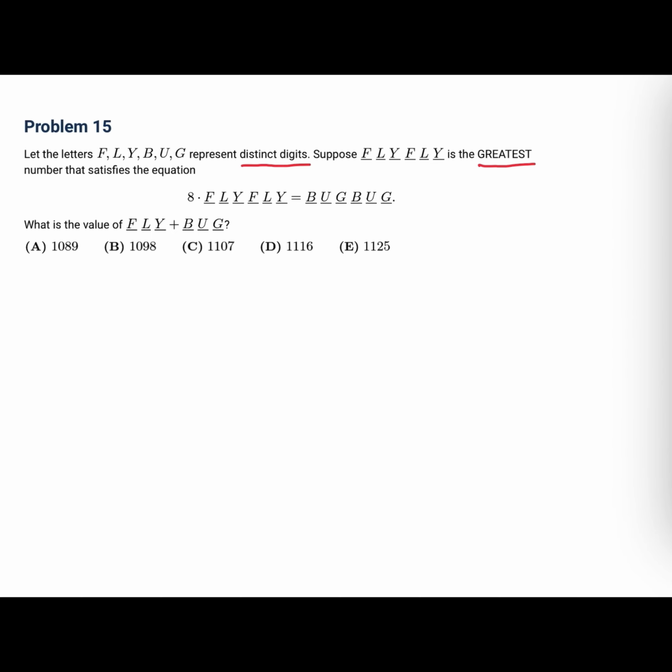So how would we go about solving this? Well, first of all, we see that 8 times, let's say this number is x, so that's easier for us to write. 8 times x is equal to y. But if you notice, once 8 is multiplied by x, y is still a 6-digit number. That means 8 times x cannot exceed the number 1 million since it has 7 digits.